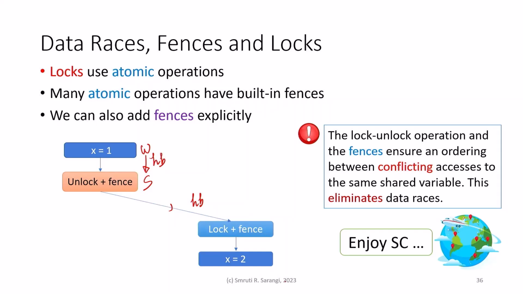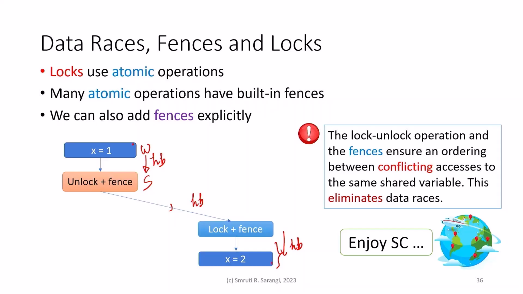Subsequently, again from the definition of a fence, whatever happens within a critical section has to appear to happen after the fence. In this case, the nearest fence is the lock. So there has to be a happens before here. And given that happens before is a transitive relationship, there is an order between x is equal to 1 and x is equal to 2. All right.